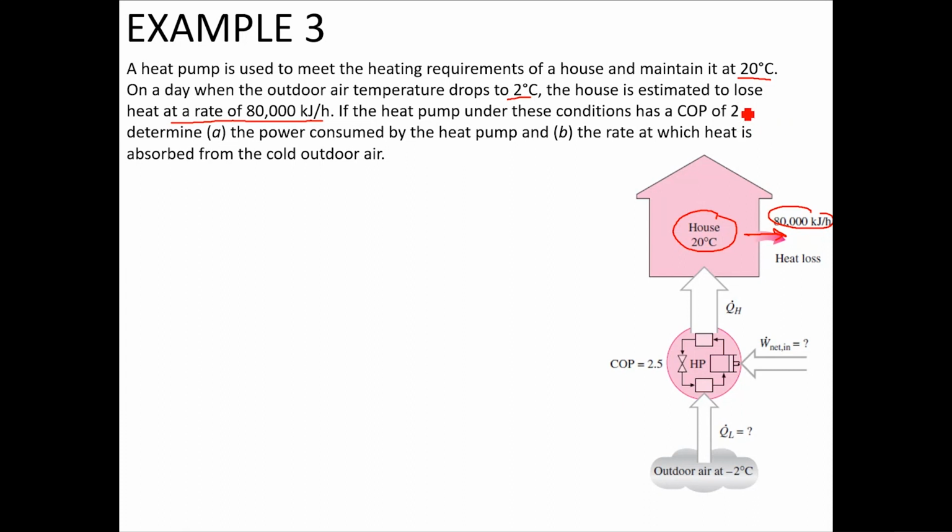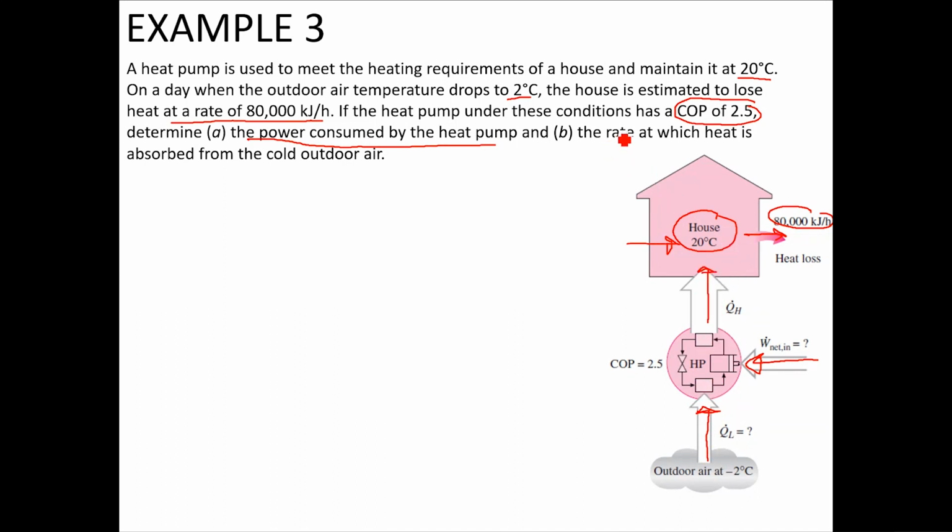Now, if you have a heat pump which has a coefficient of performance of 2.5, you have to determine the power consumed by the heat pump in order to maintain this temperature of 20 degrees centigrade. What do you have to do essentially? You have to provide work net into the system, extract heat from the external atmosphere, and provide heat to the house.